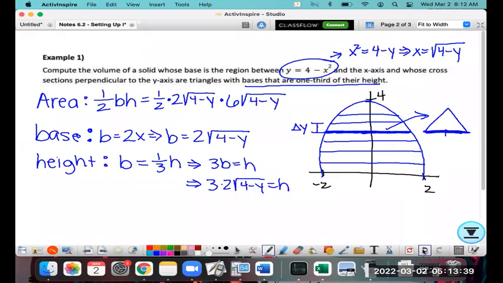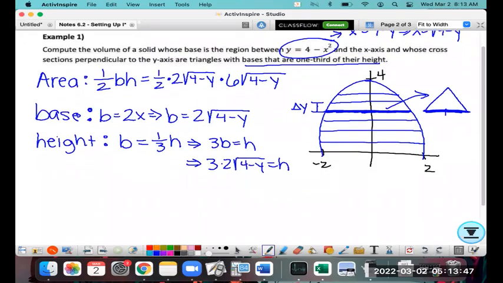Okay, I've run out of room to simplify up there, so I think I'm just going to write my volume integral and simplify in the integrand. So we have, I'll write the bounds in a second. The area of our triangle, 1/2 base times height, we were able to get that dependent on y. These 2's are going to cancel out, and I'll be left with a coefficient of 6.